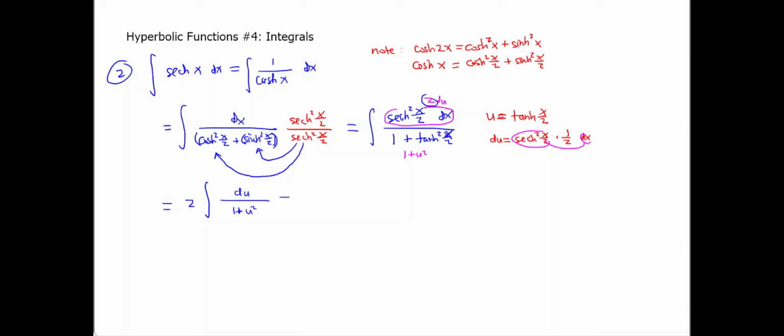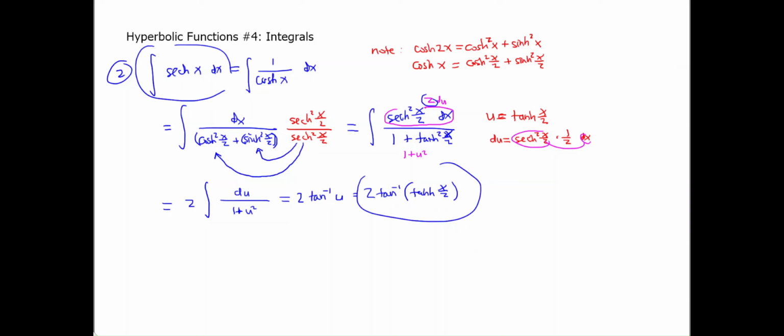That's exactly the same integral we did last time after we made the u substitution. So I have the 2, and this is arctan, or tan minus 1 of u, or 2 times the inverse tangent of u, and our substitution for u here was hyperbolic tangent of x over 2.